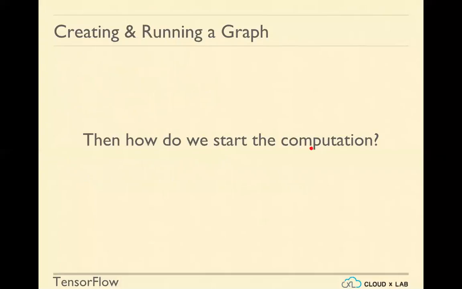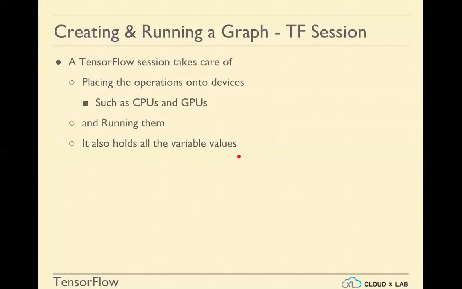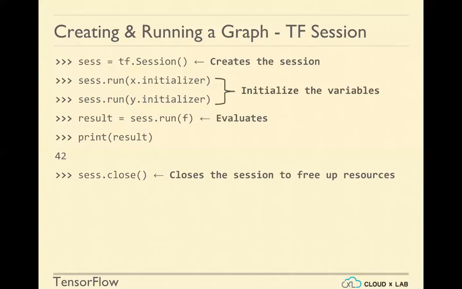Okay, now how do we start the computation? To evaluate the graph, we need to open a TensorFlow session and use it to initialize the variables and evaluate f. Okay, so that's what we did. What is a TensorFlow session? A TensorFlow session takes care of placing the operations onto the devices and running them. It also holds all the variables required.